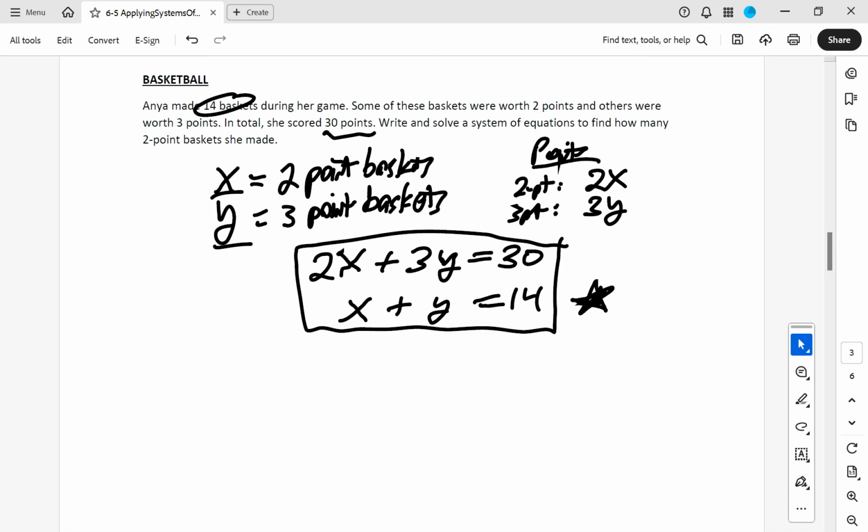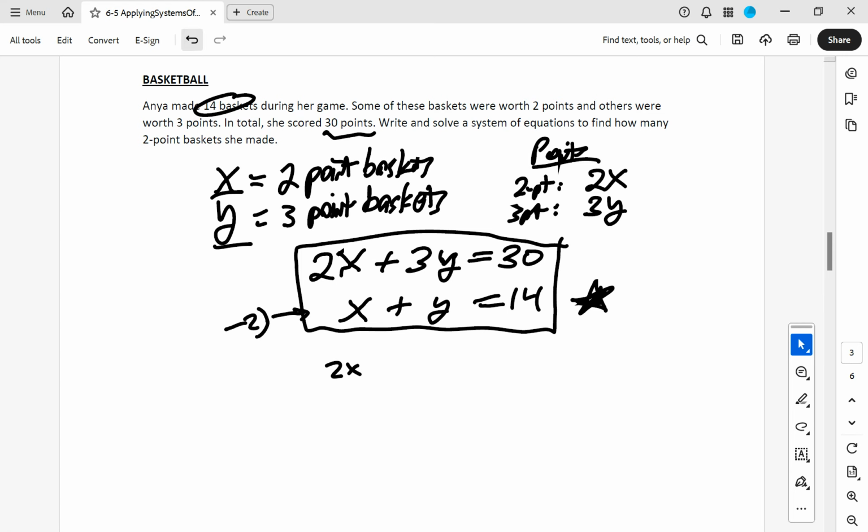to find out how many 2-point baskets. And this looks like I can do this one either as a substitution or as an elimination. With both x and y being 1s, I'd say substitution is sort of the easiest way to go, except that I still like doing the elimination. So I'm going to take this one and multiply everything in it by negative 2, because I like adding at the end.